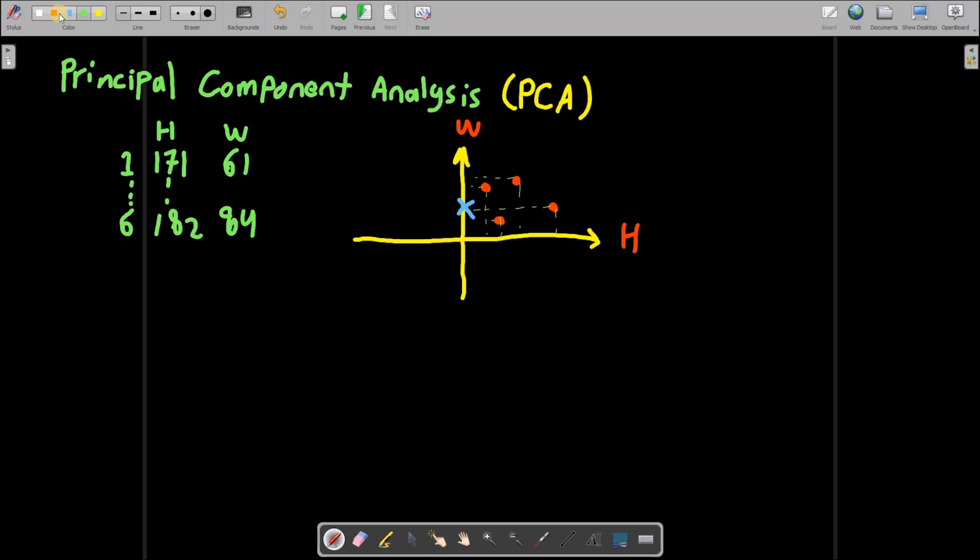Let's say that the average of this point is around here, and now we need to connect these two averages together to get a new point. Let's say that the new connected point is around here, okay?